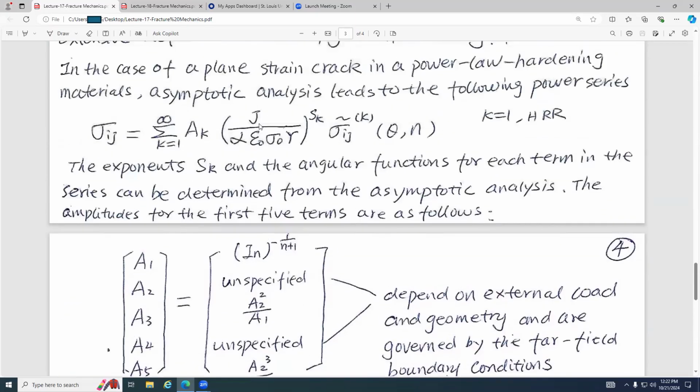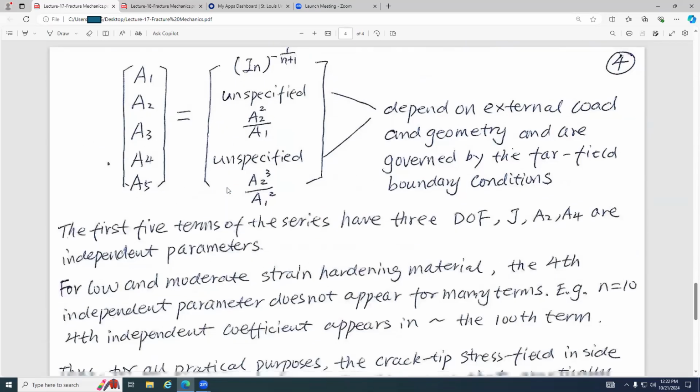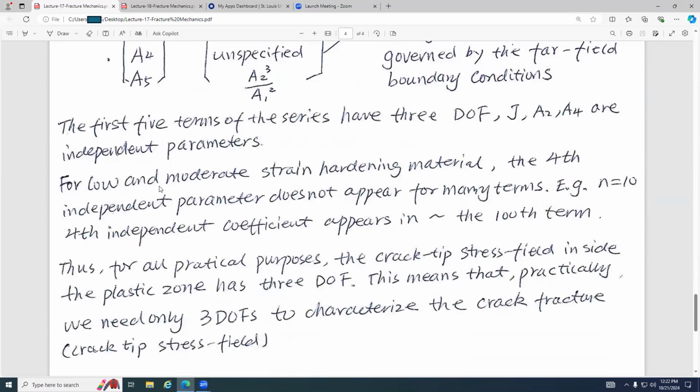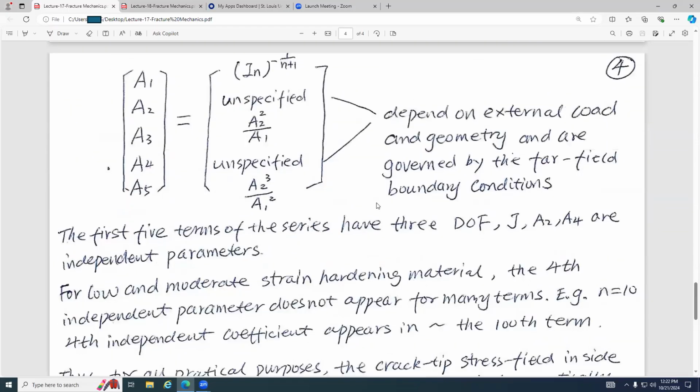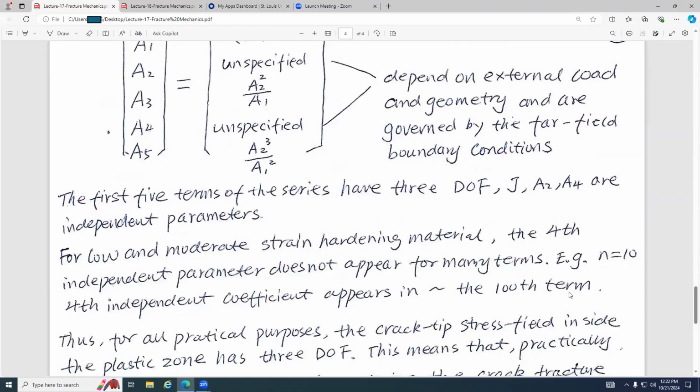Why is J very, very important? Because J is here. For low and moderate strain hardening materials, the fourth independent parameter does not appear until many terms later. For example, when n, the material hardening exponent, equals 10, the fourth independent coefficient appears in the 100th term.